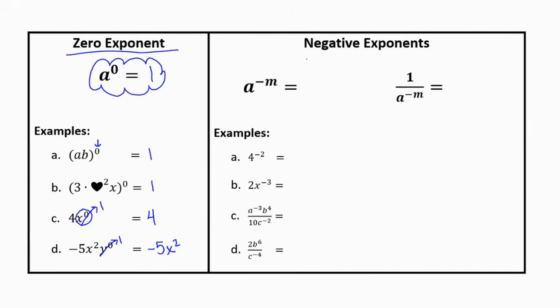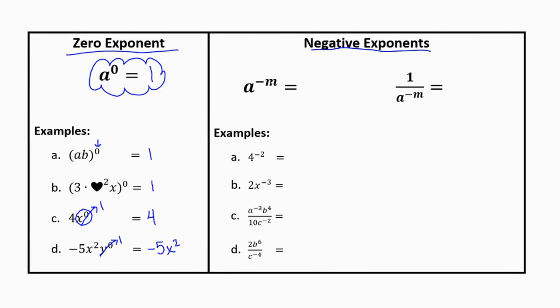So for the negative exponent, we have ourselves another property. While any non-zero number to the 0 power is equal to 1, what we discovered with the negative exponent is that it turned our expression into a fraction. All right.